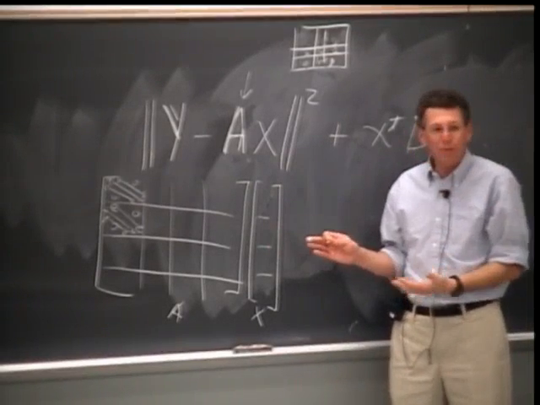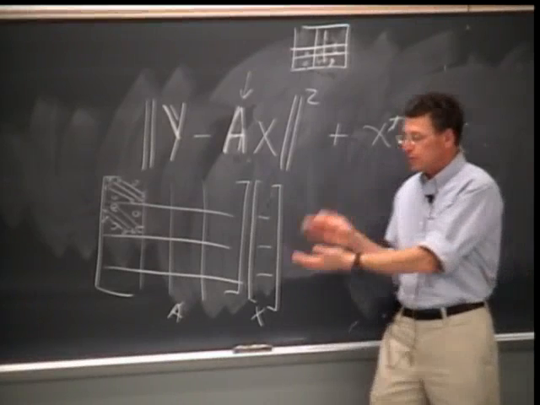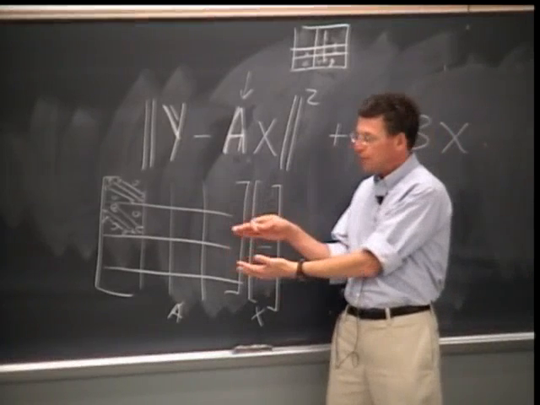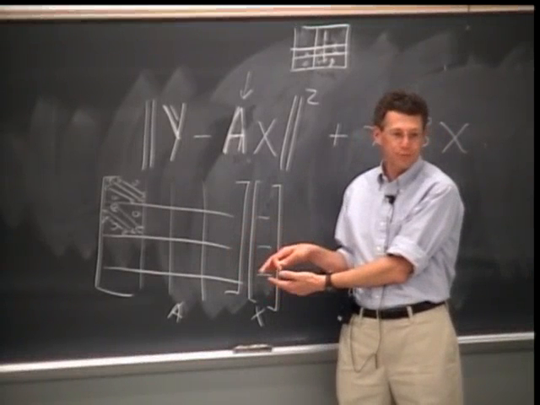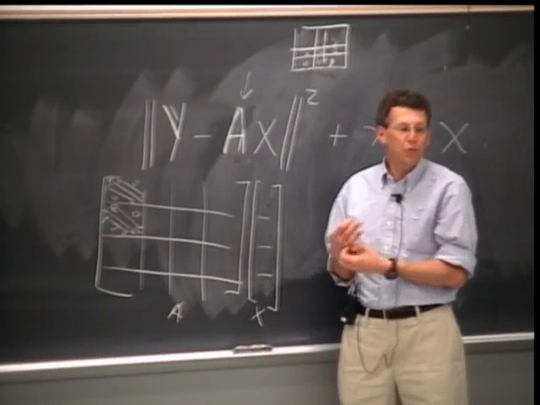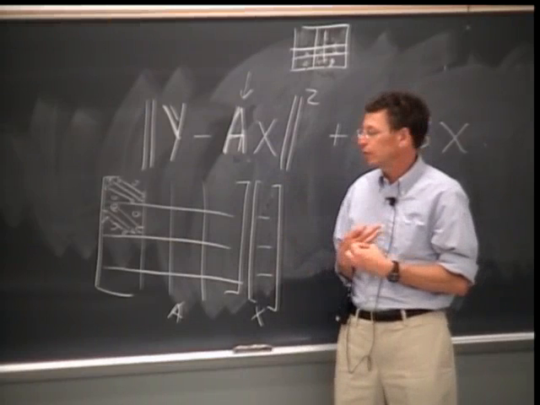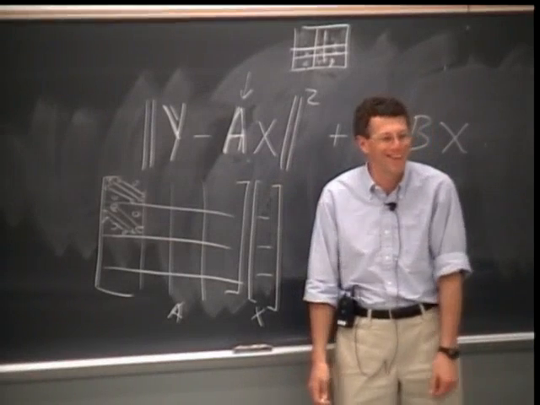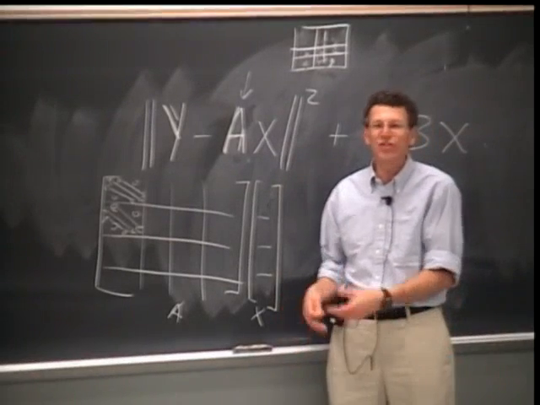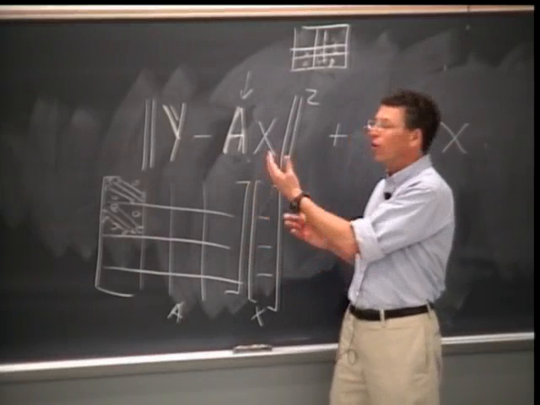Now, in other applications, like for instance in tomography, you actually have to construct this matrix. Sometimes people will actually store the matrix. If you store the matrix, it's called a stored matrix. Okay. And then the other possibility is you can do the computation on the fly.